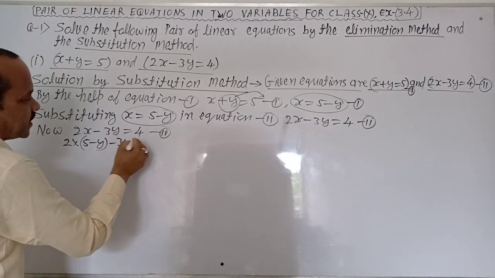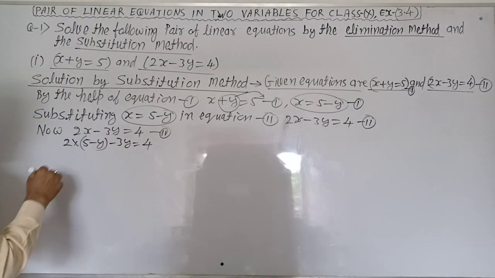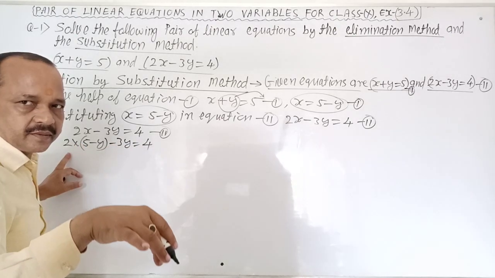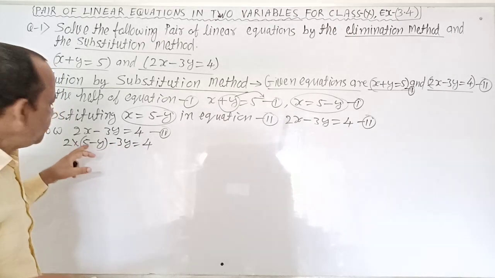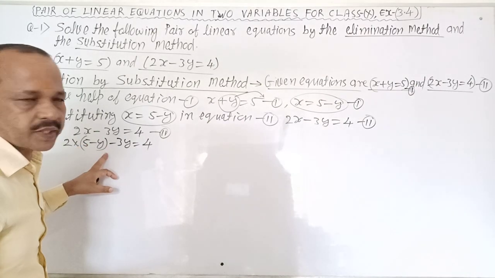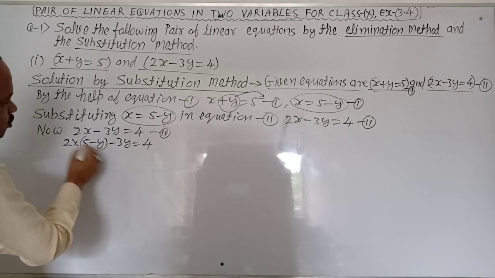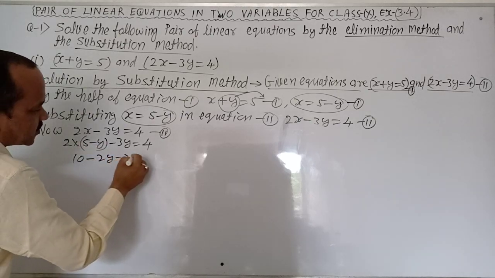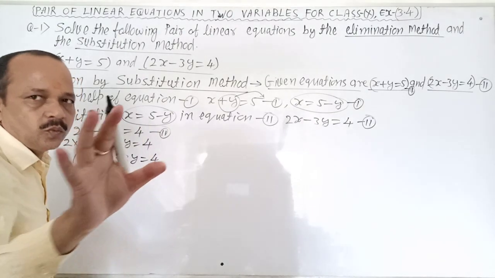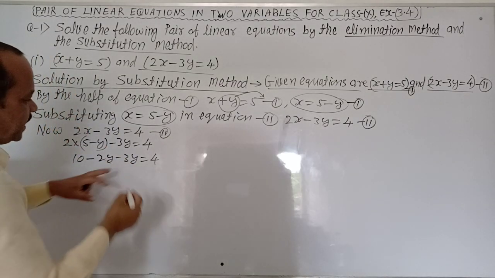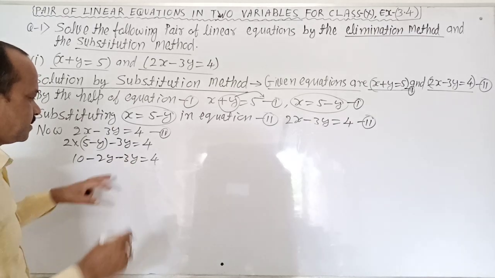Minus 3y equal to 4. You multiply 2 by 5 and minus y. 2 times 5 is 10, minus 2y minus 3y equal to 4. Clear? Here minus 2y and here minus 3y.